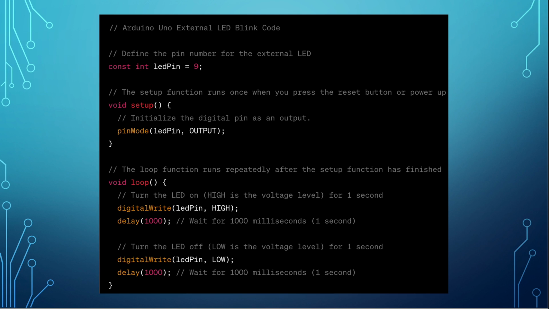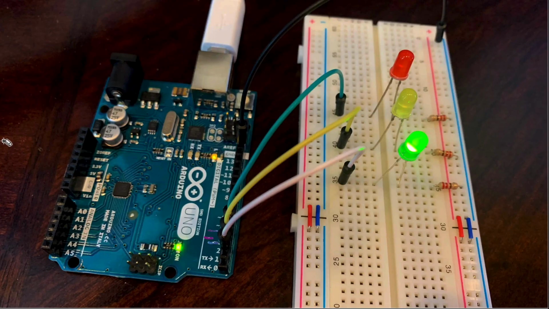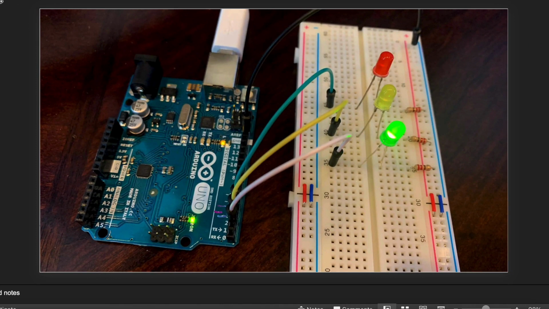You can change the values so that the blinking will change. Then after that you can work on this matter as well, right? So here you can see clearly that a traffic light is being created.